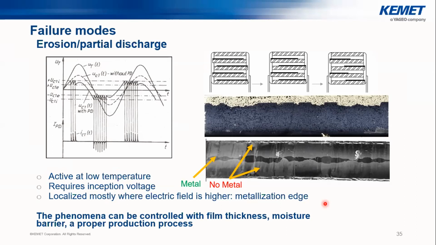We have the higher electric field there, so it can happen that we have partial discharges there. This phenomenon can be controlled with the film thickness, moisture barrier, and proper production process. So we are aware that this kind of failure can happen for film capacitors, and we are improving the design by choosing the right thickness, moisture barrier, and proper production process.